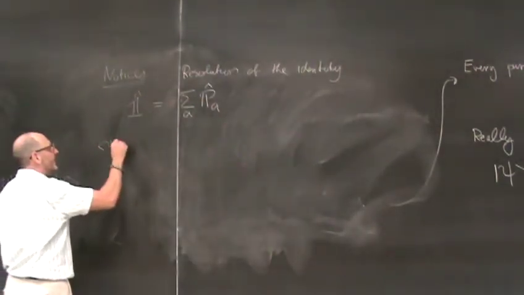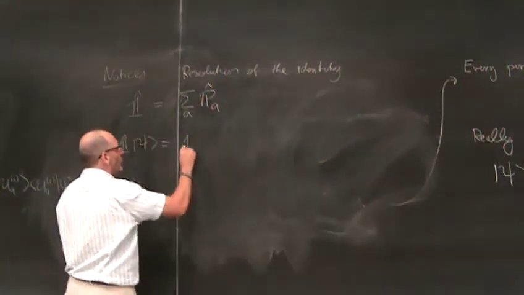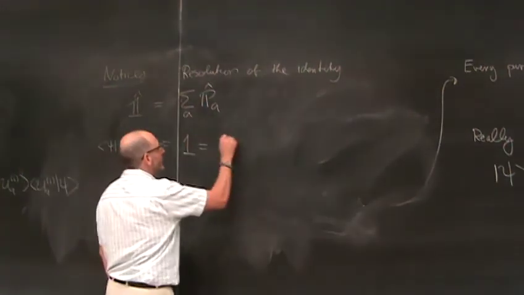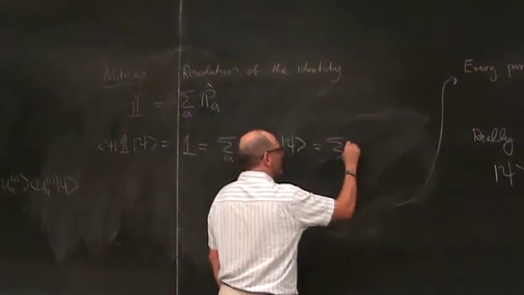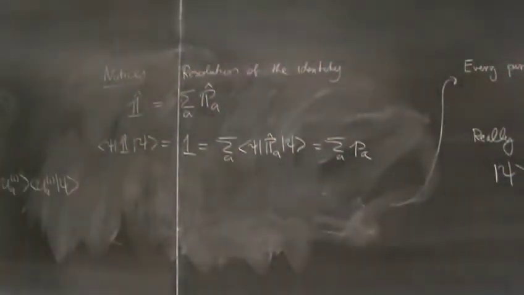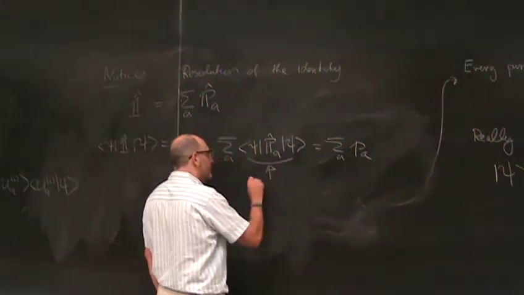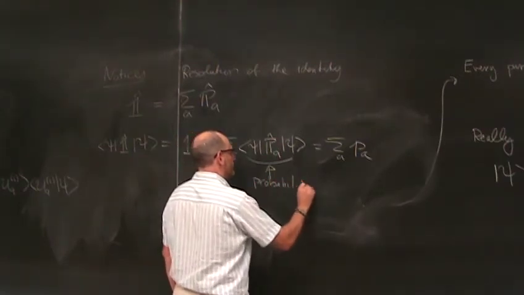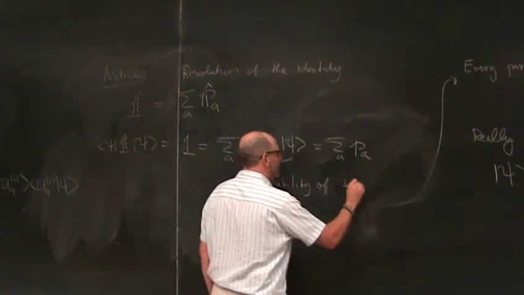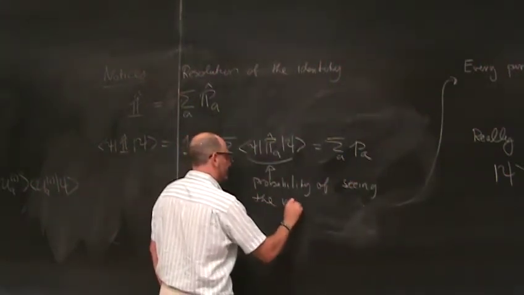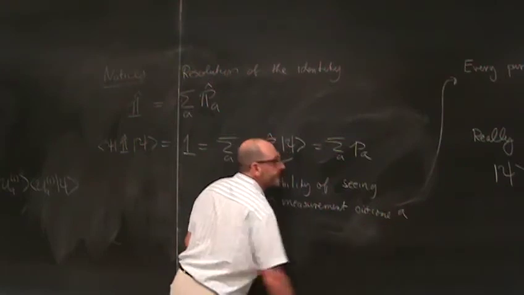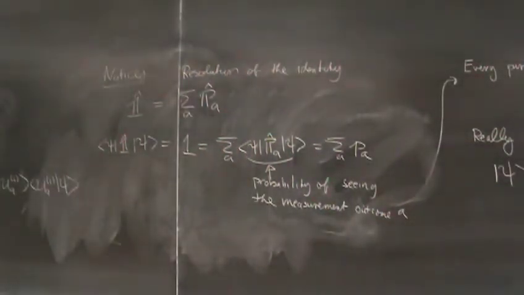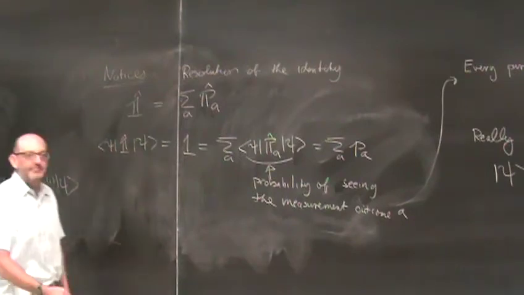As to say, if I look at the inner product of this, this is 1 if this is normalized, and this is equal to the sum over A. So we can associate each one of these objects with the probability of seeing the measurement outcome A. So by having a resolution of the identity, we have a way of assigning probabilities.